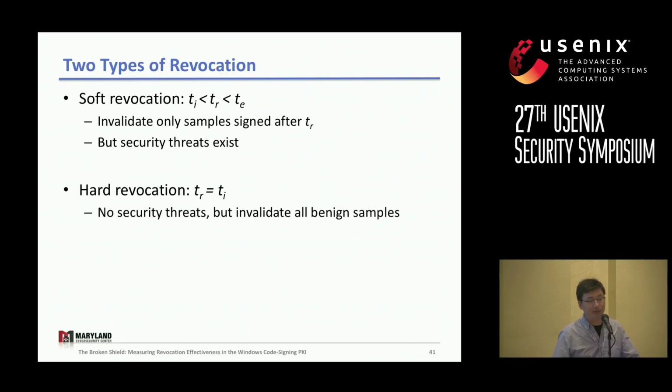Soft revocation was already explained in the previous slide, and hard revocation is when the CA sets the effective revocation date to the issue date. So there is no security threat. However, it invalidates all benign samples as well. So publishers have to re-sign their samples and redistribute them.